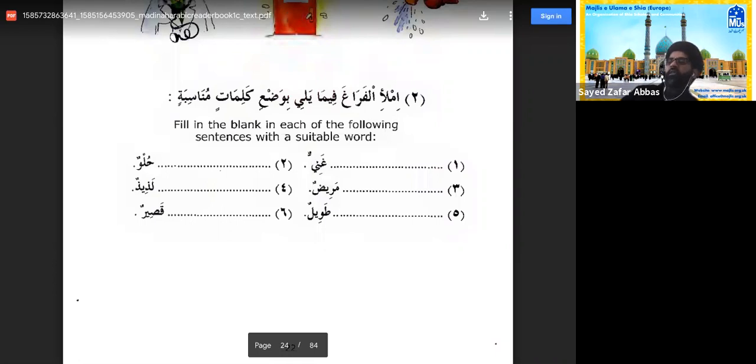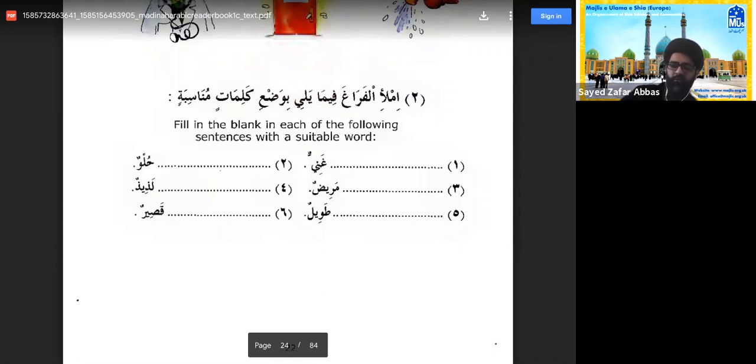And then we have ladid, tasty. So we can say ad-diku ladid, the cockerel or the chicken is tasty. And then we have tawil and qasir, tall and short. So we can say ar-rajulu tawil, the man is tall. And then we have qasir, so we can say at-tabibu qasir, the doctor is short.